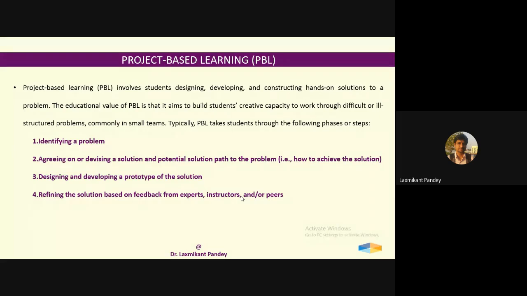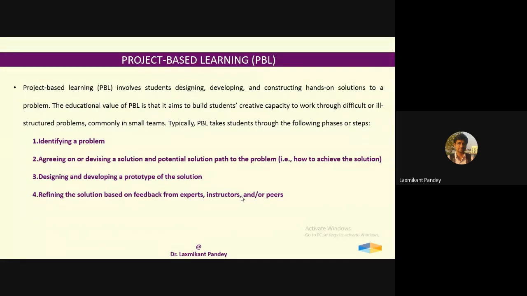Like if some students are from rural areas and some students are from urban areas, you cannot give a single problem to the rural area students and the same problem to the urban area students. So depending upon the kind of students, you need to identify the problem. That is a very important thing when you are going for project-based learning.